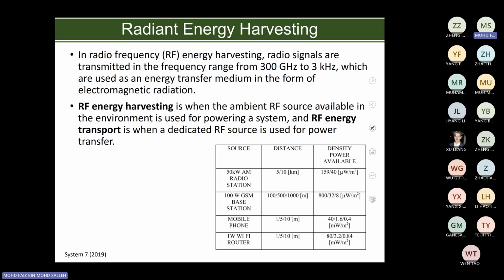Okay, RF, radio frequency. With that kind of wave, we also can generate power. So you can see here in this table, radio station, base station, mobile phone, Wi-Fi router, and then distances of 5 or 10, 100, 500, 1 kilometer, 1, 5, 10 meter.